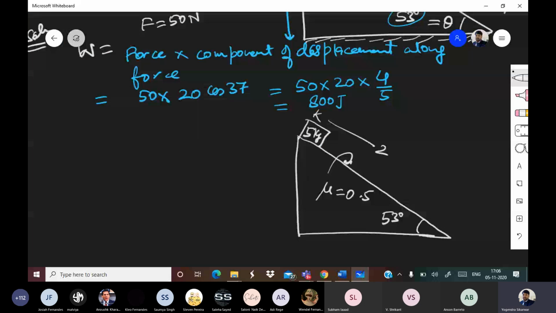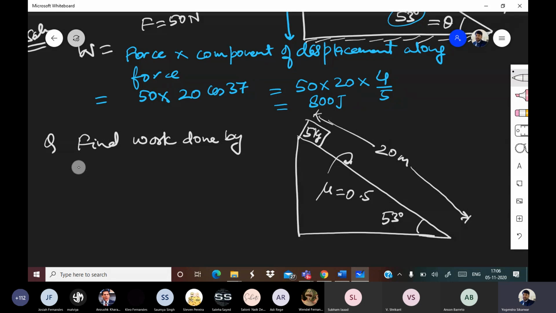So the thing is, find work done by gravity. No, not gravity. Friction. Find work done by friction as block reaches the bottom. Please find.